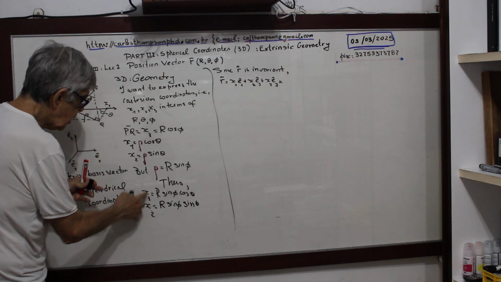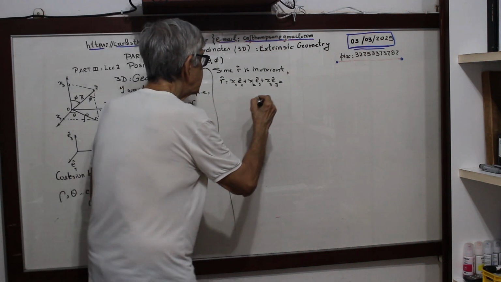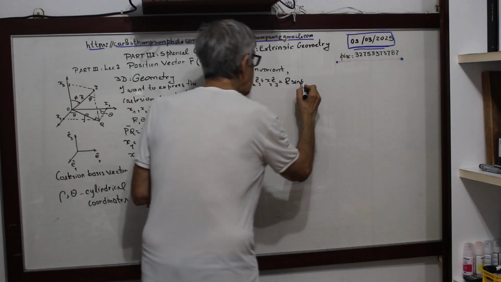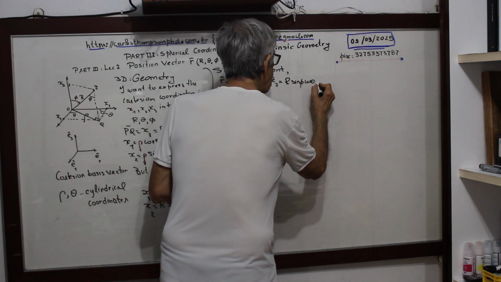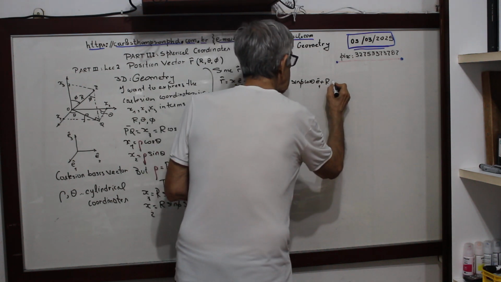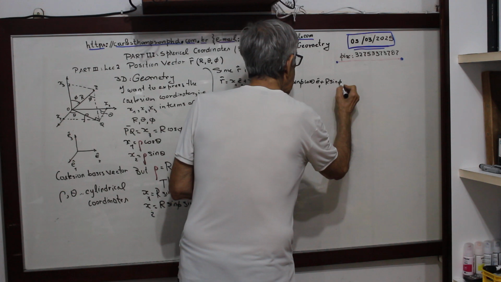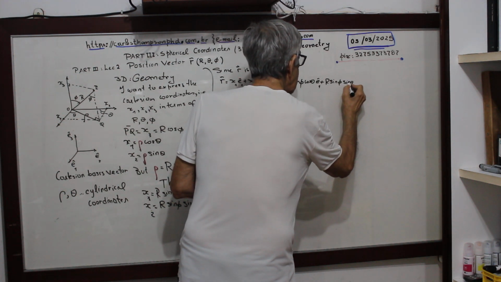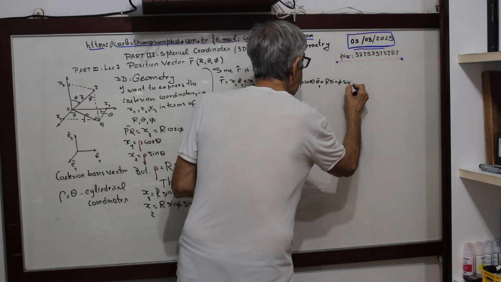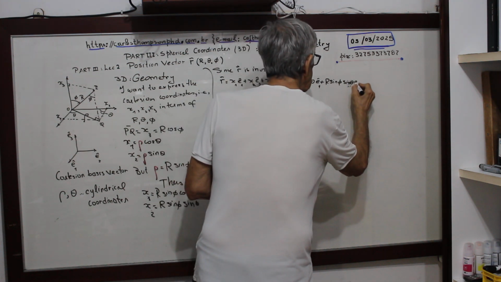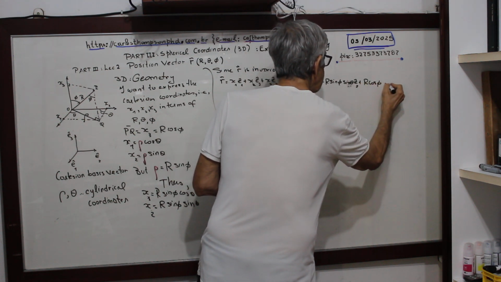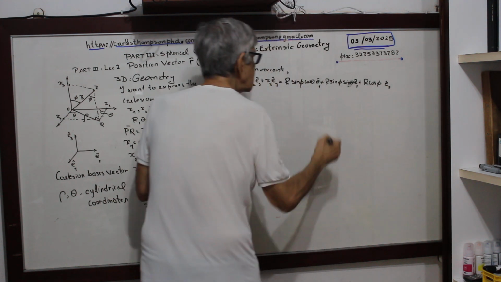So then I have R sine phi cosine theta E1 plus R sine phi sine theta E2 plus R cosine phi E3. Just easy.